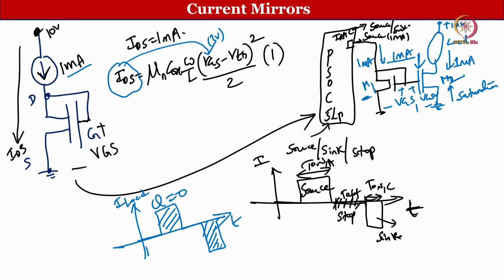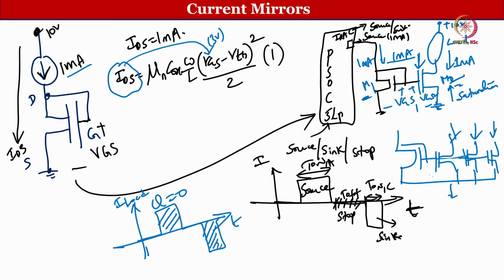So, there is M1, M2 like this, not only M1, M2, I can have M3, I can have M4, like this I can have multiple outputs at the same time, because this VGS is going to be same. VGS 1 is equal to VGS 2, this is VGS 3, VGS 4. According to the network configuration, VGS 1 is equal to VGS 2, that is equal to VGS 3, that is equal to VGS 4.